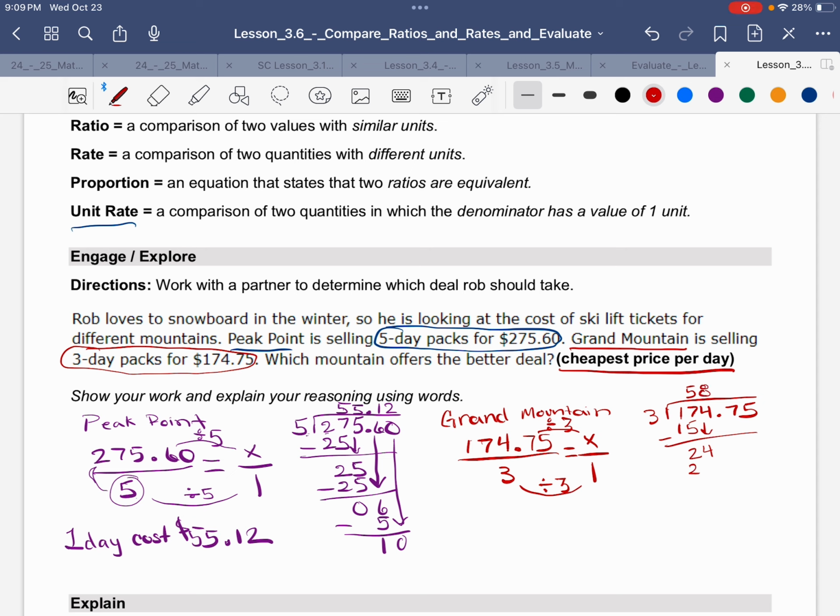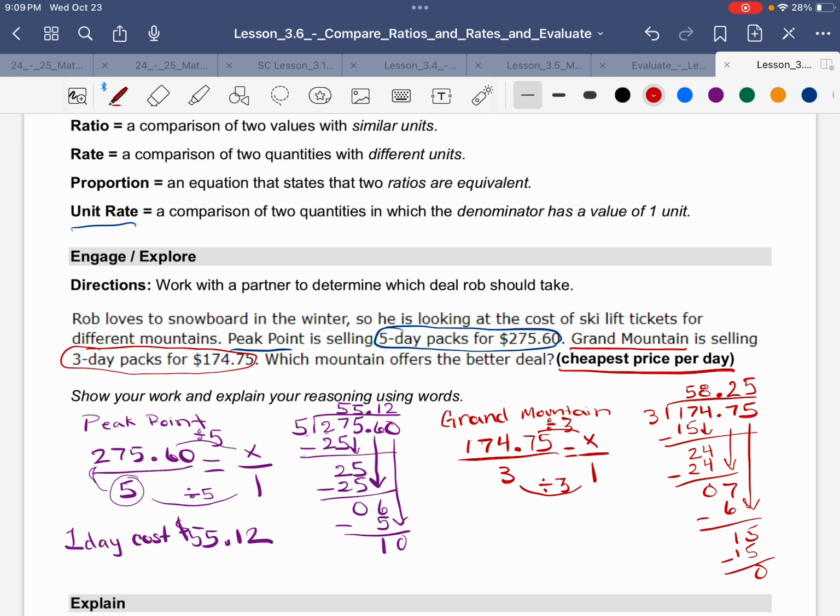That will give me 24. 8 groups of 3 is 24. Subtraction, bring my 7 down. Don't forget to add your decimal. Go straight up. I can make 2 groups. 6, 1, bring this down, that's 5. And now I'm back to 5 groups. 5 groups of 3 is 15.